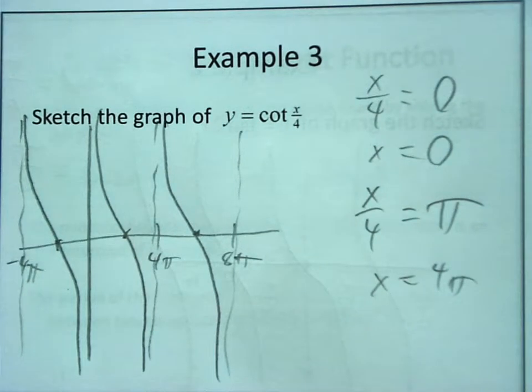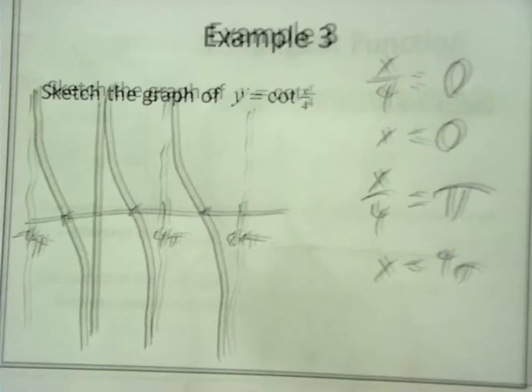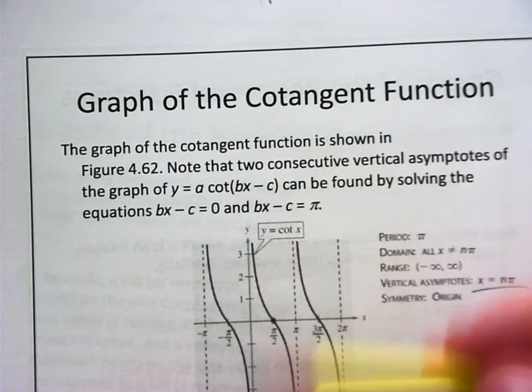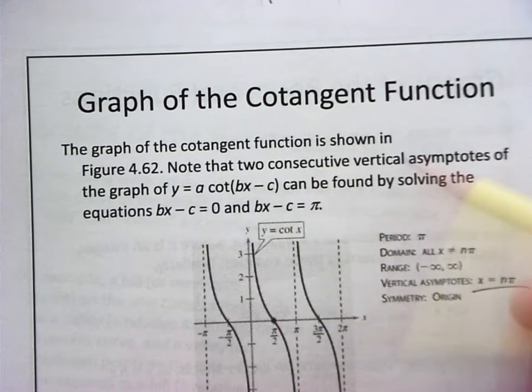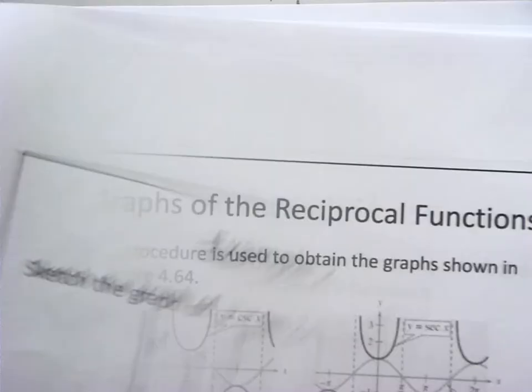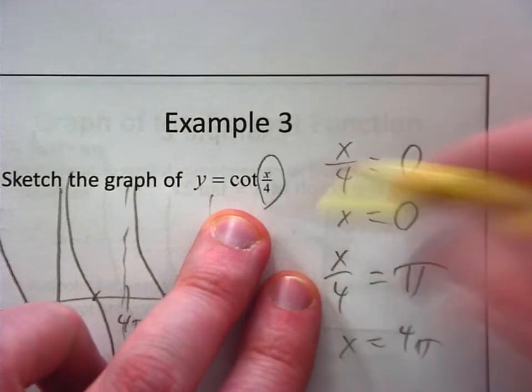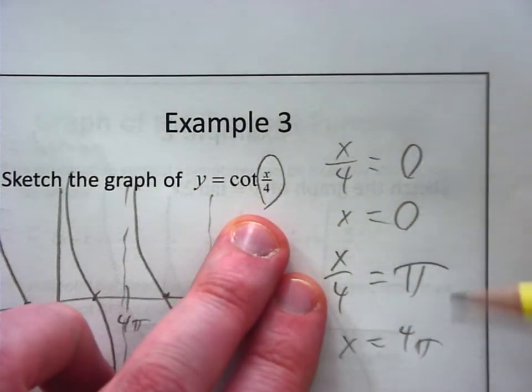Okay? Yes? I'm kind of confused where you got 0. Because on cotangent, the old asymptotes are where sine is 0. Sine is 0 at 0, pi, 2 pi, so on and so forth, right? Mm-hmm. So that's what I set equal to what's inside the cotangent function. So I take what's inside of here and set it equal to those old asymptotes.